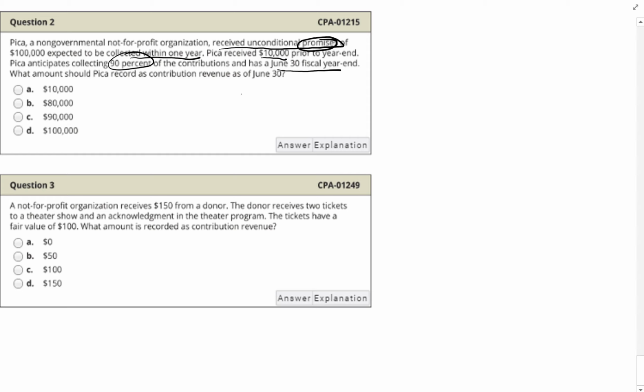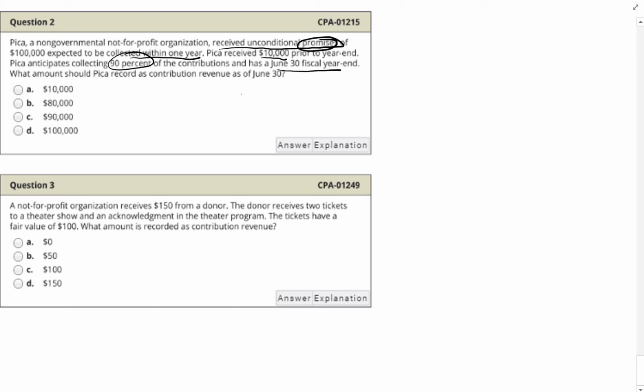Now when you receive any promises or pledges, we record it as a pledge receivable or contribution receivable. And when we see that it is actually collected during this fiscal year, we will record it as a contribution revenue and we will show it as unrestricted portions.